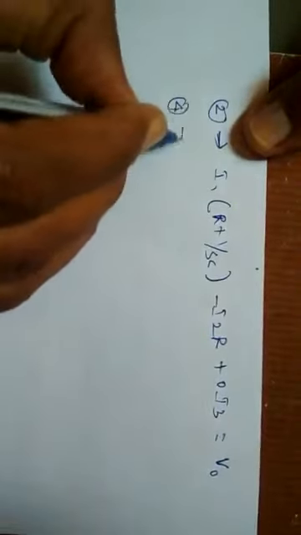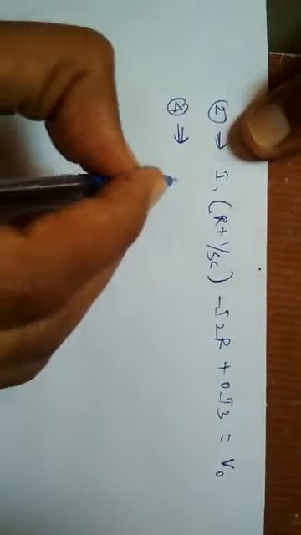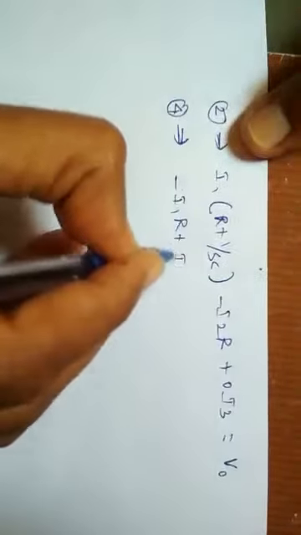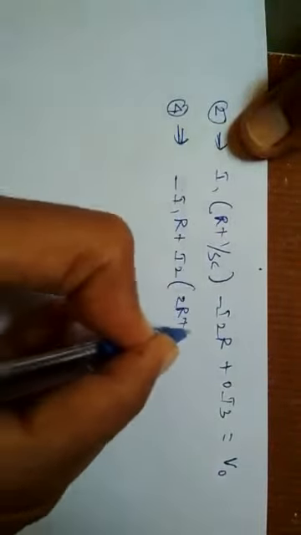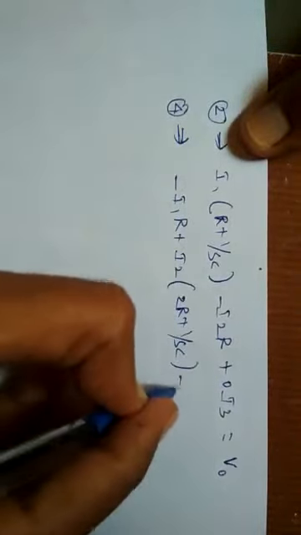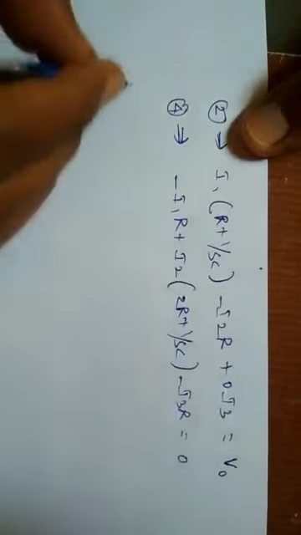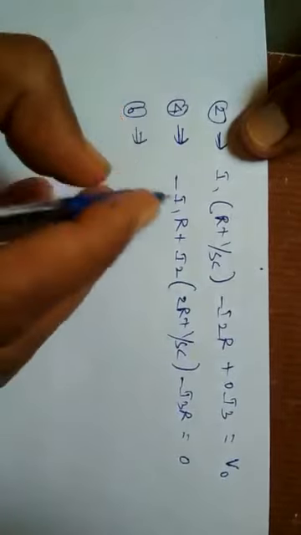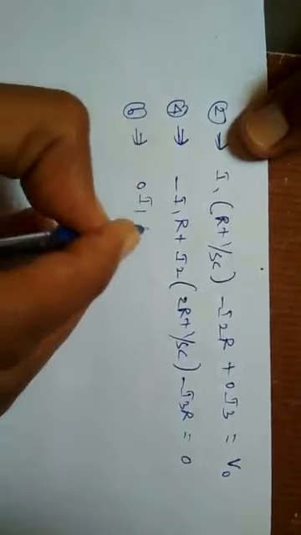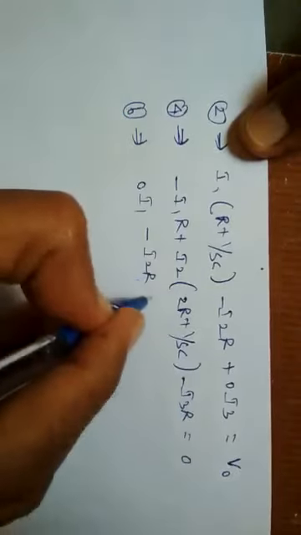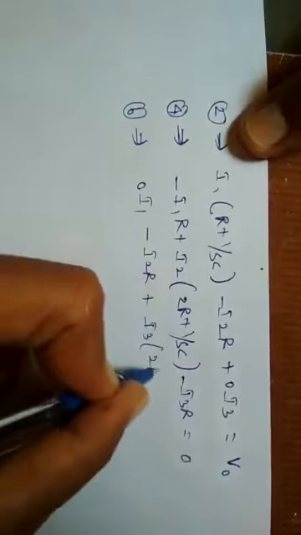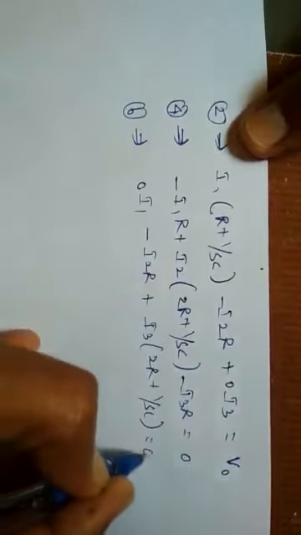And from equation 4 we have minus I1R plus I2 into 2R plus 1 by SC minus I3R equals 0. And from 6 we have 0 I1 minus I2 into R plus I3 into 2R plus 1 by SC equals 0. Now these three equations can be written in the form of a matrix.